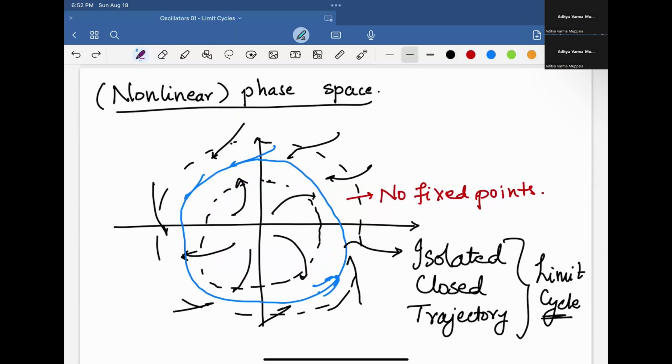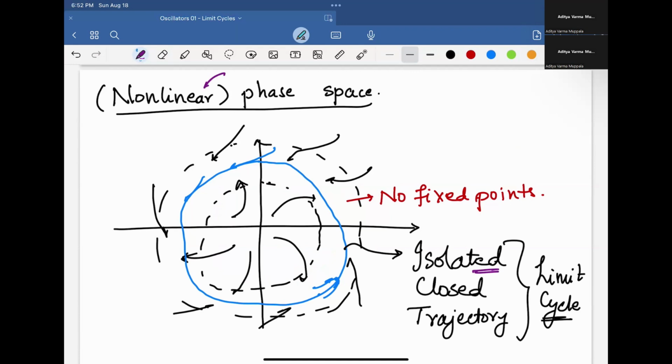We started by saying that this is an isolated closed trajectory, and the fact that it's isolated comes from the fact that this has to be a nonlinear system. So I didn't prove that nonlinearity leads to limit cycles. I just showed that linearity cannot lead to limit cycles, which means that if there is an isolated closed trajectory or a limit cycle, it has to come from a nonlinear system. And that's actually one of the fundamental things that you need.